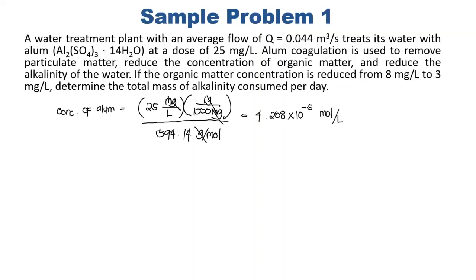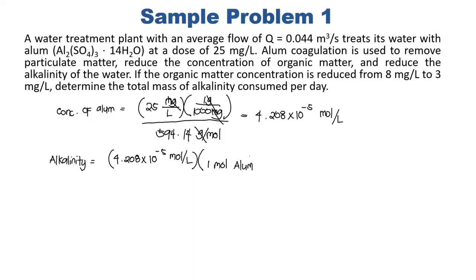Now, the next step we're going to do is to solve the alkalinity. So for the alkalinity, this is equal to the concentration of the alum, which is 4.208 times 10 raised to the negative 5 moles per liter. In our previous discussion, 1 mole of alum produces 6 moles of the hydrogen carbonate, which is our source of the alkalinity.